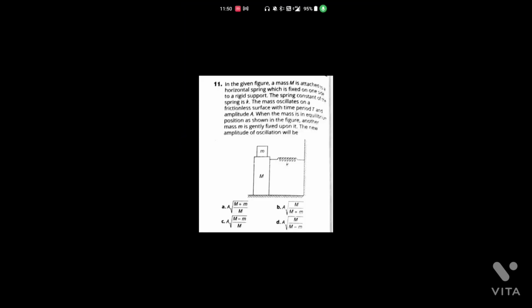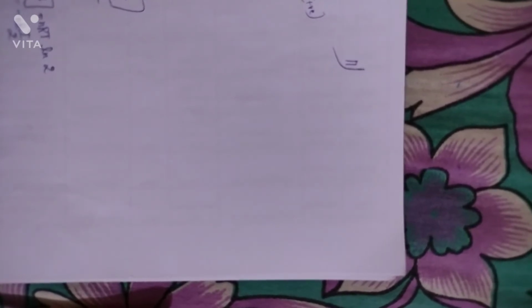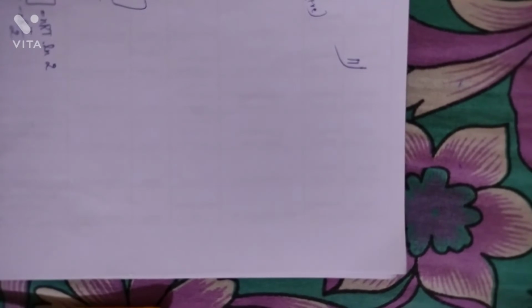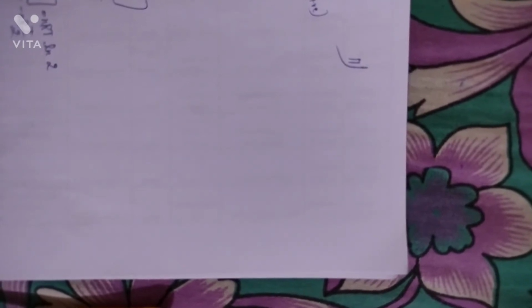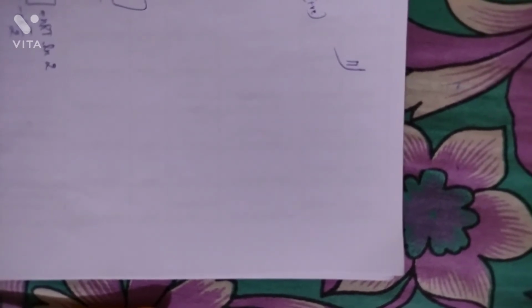In the 11th question, they have given a figure where a mass m is attached to a horizontal spring which is fixed on one side to a rigid support.